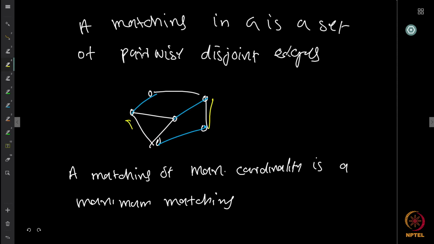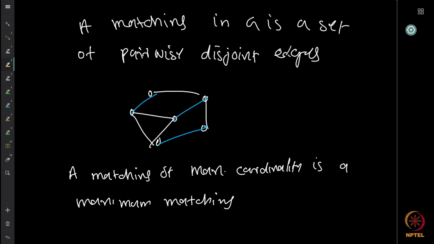Or this and this is another matching. Or I can pick this, and then this. This is another matching. So we can find matchings like this. A matching is just a set of pairwise disjoint edges.